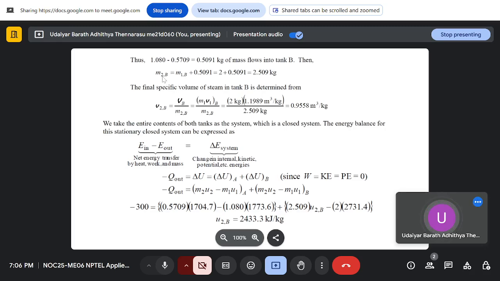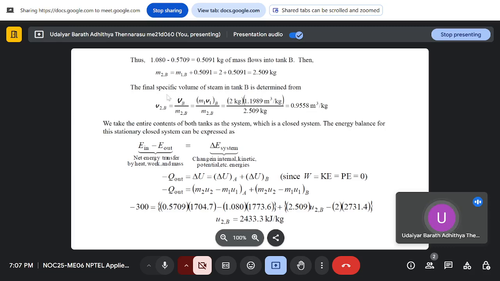Then M2B, the mass in tank B at state 2, is the mass initially present plus the mass which has entered from tank A to tank B, which we have calculated as 0.5091. So initially it had 2 kgs and additionally half a kg has come. So the state 2 total mass for tank B is 2.5091 kgs.